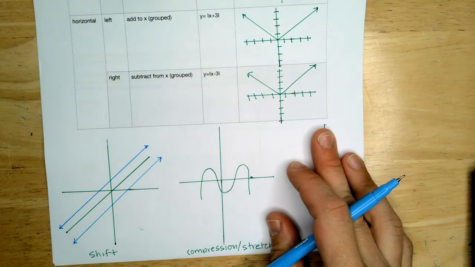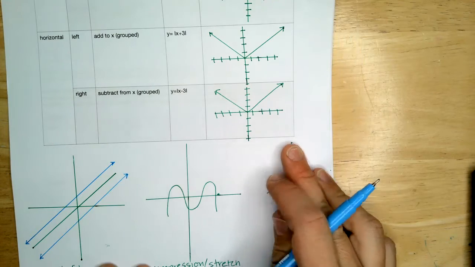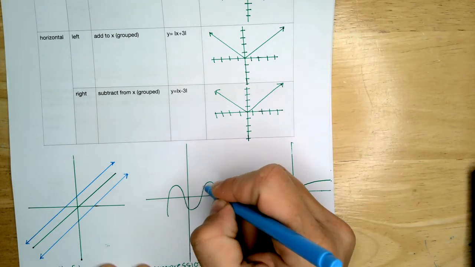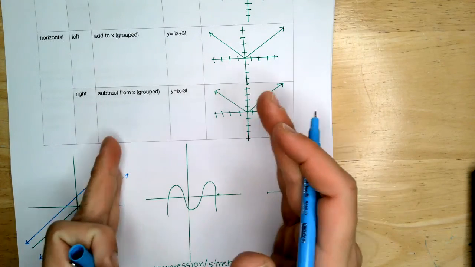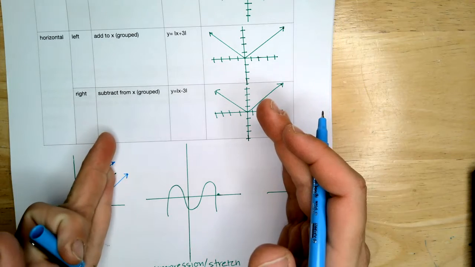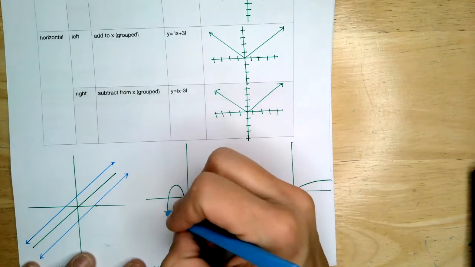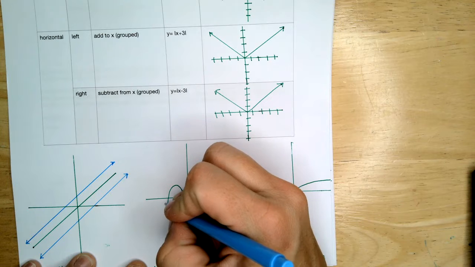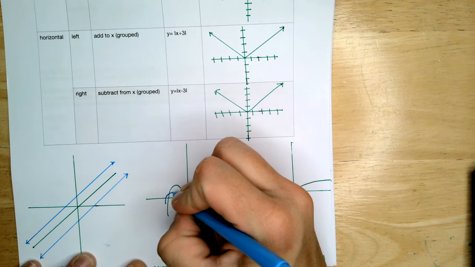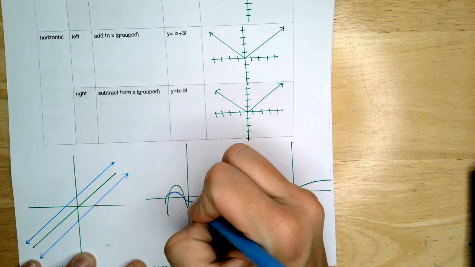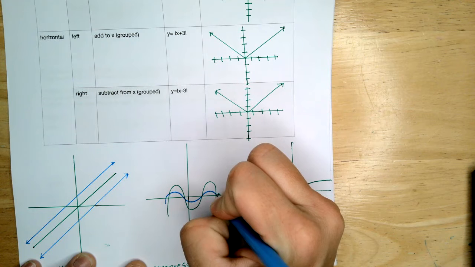A compression or a stretch would just be making this graph narrower or wider on the horizontal axis or taller or shorter on the vertical axis. So you could do something like that.